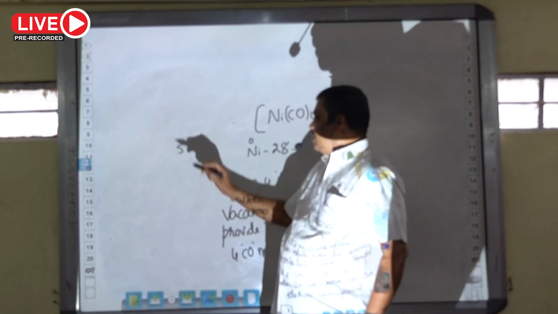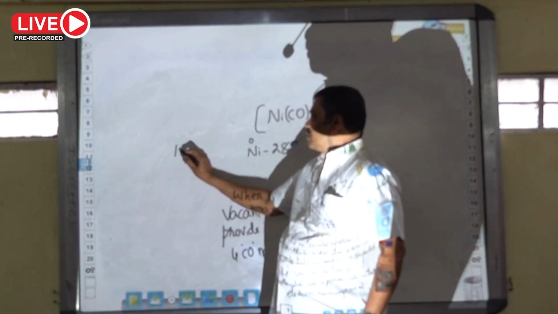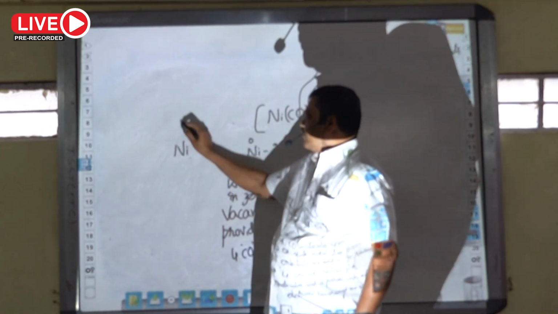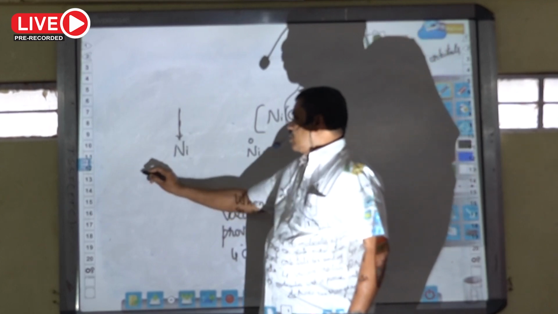With these 4 sp3 hybrid orbitals, nickel can form 4 coordinate covalent bonds.